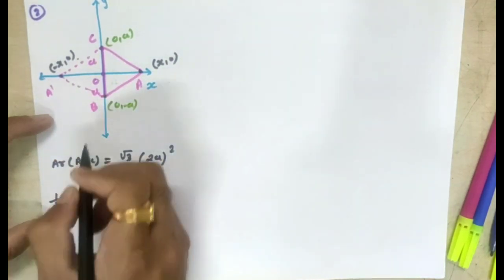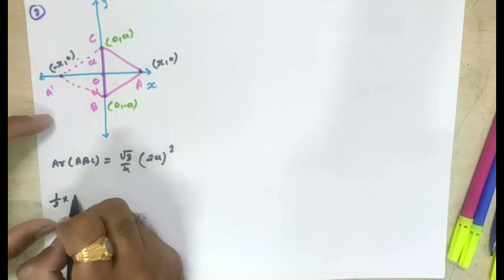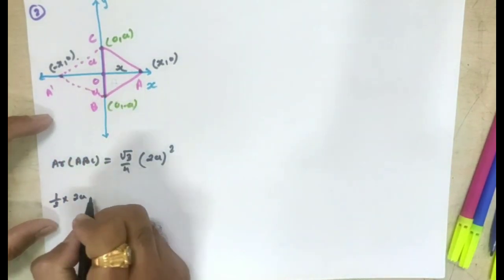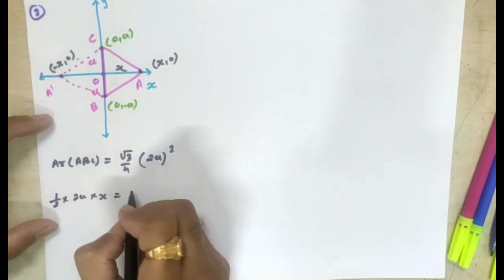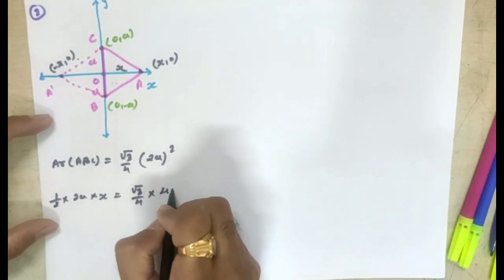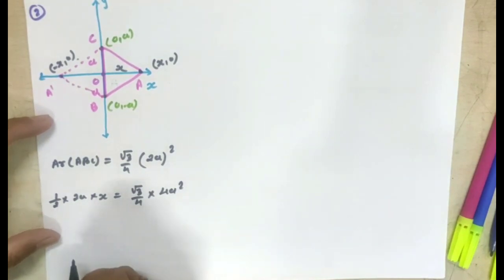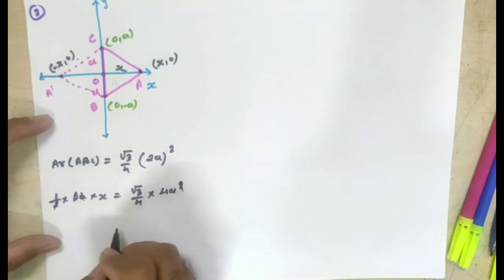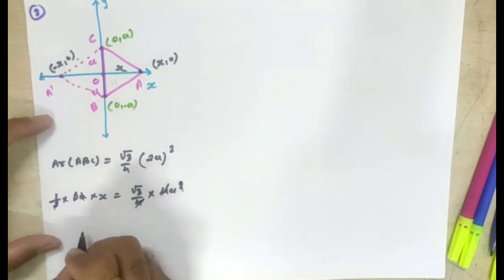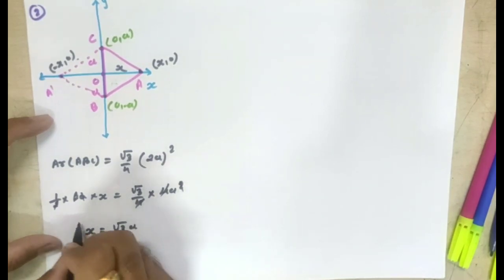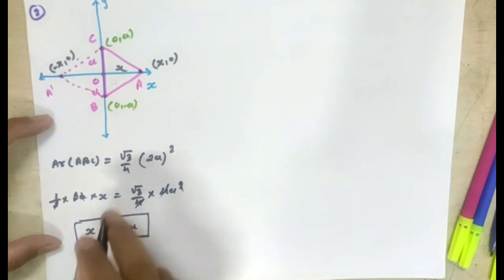So 1 by 2, the length of base is 2a, and this can be considered as the height, which is nothing but x. So this is equal to root 3 by 4 times (2a) squared, so it's 4a squared. Done. 2 and 2 cancel, a cancels, and 1 and 4 can be cancelled. So the value of x is root 3 a. So x is root 3 a.